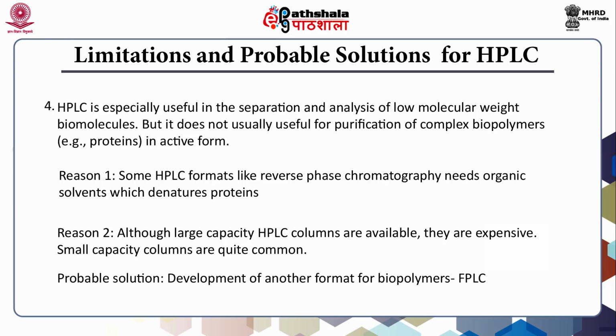So, what is a probable solution for this kind of limitation for the purification of biopolymers? Another alternative for the purification of biopolymers is FPLC, that is fast protein liquid chromatography. Now we are going to discuss these HPLC supplements in the coming slides.